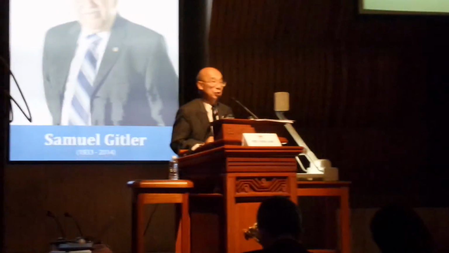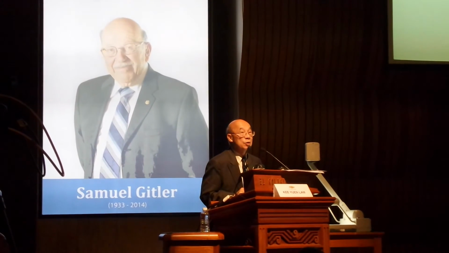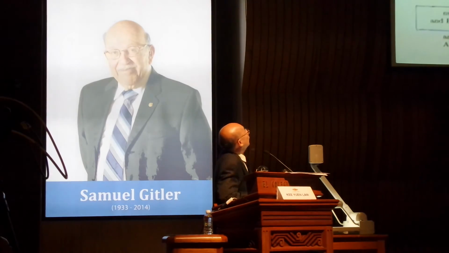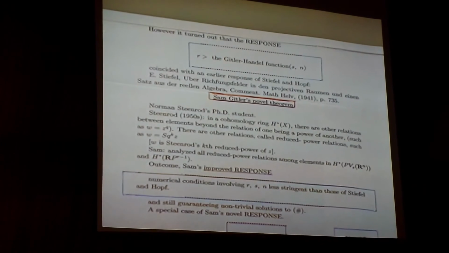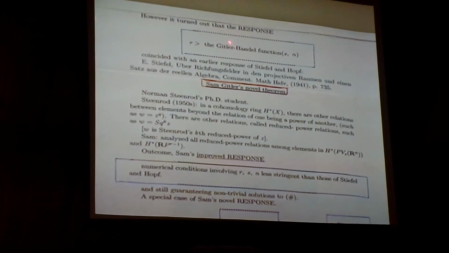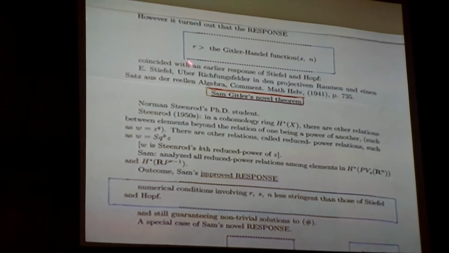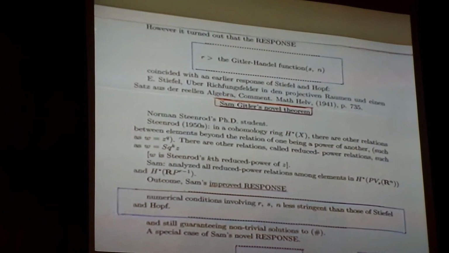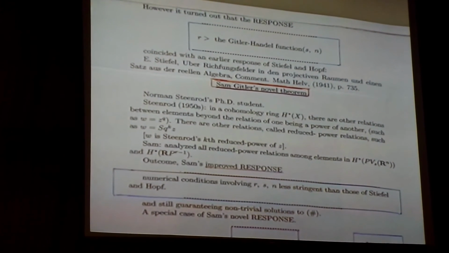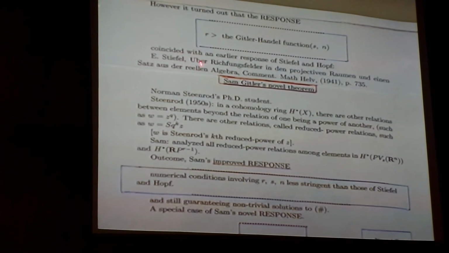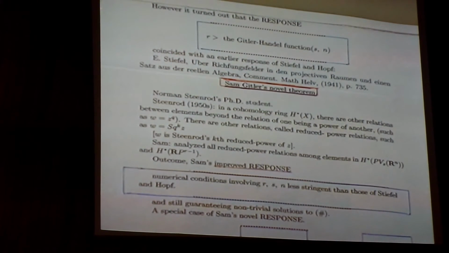Okay, this is not yet Sam's answer to the challenge. The challenge is to get a response. This is the response, but unfortunately, it turned out that this response, which I repeat here, the R exceeding the height of that element U, which I call the Gitler-Handel function, depending on S and N, is correct and it works as a numerical condition, but unfortunately, this numerical criterion happened to coincide with an earlier result of Stiefel.